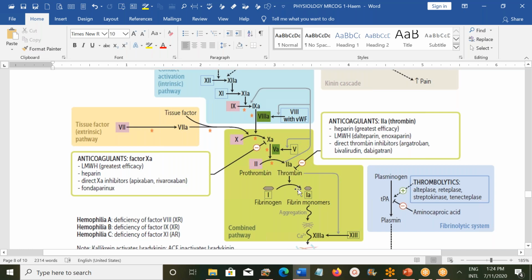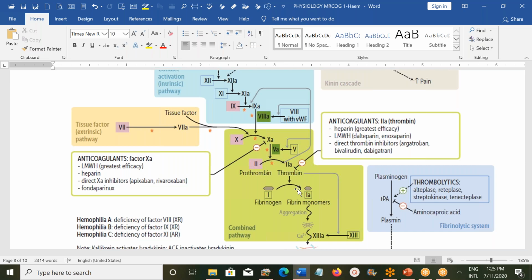You should remember that calcium is required in this process as a cofactor, because if there is no calcium, then blood will not coagulate. Blood will not form the clot. All steps of the coagulation cascade depend upon the presence of calcium.